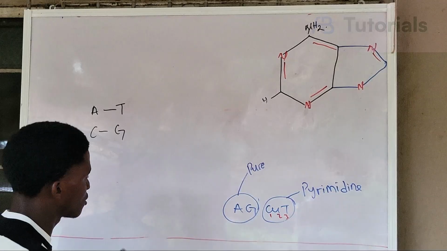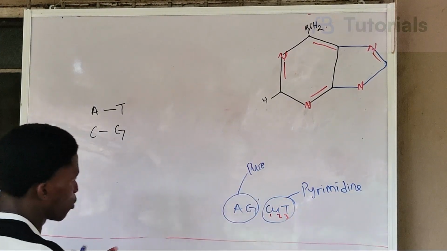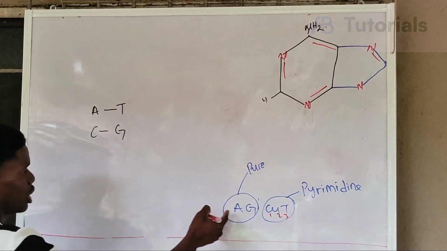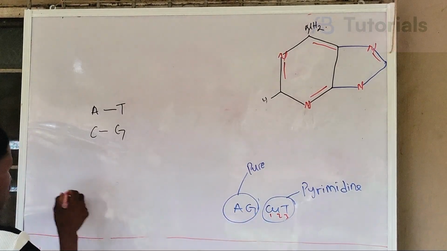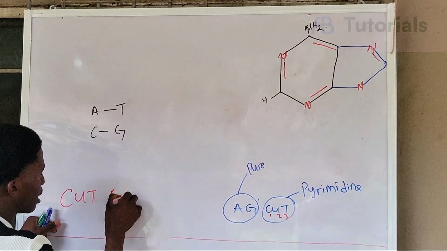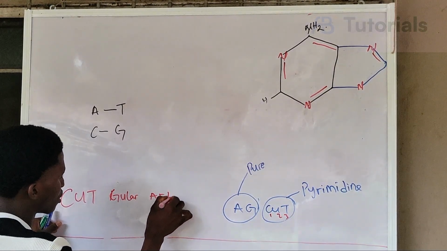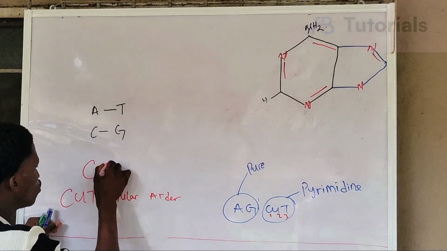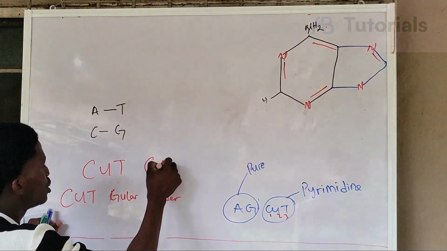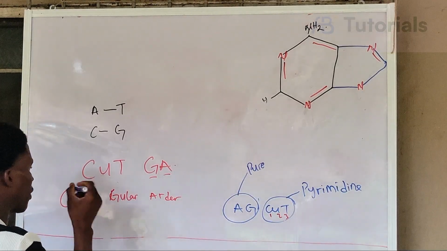This thing is very simple actually. What you just have to do here is change it, turn this thing upward. Instead of AG cut, that is Adagula cut, you just say cut Gula harder. You have to cut him harder now. That is CUT cut GA, cut Gula harder. So this is still our 1, 2, 3.